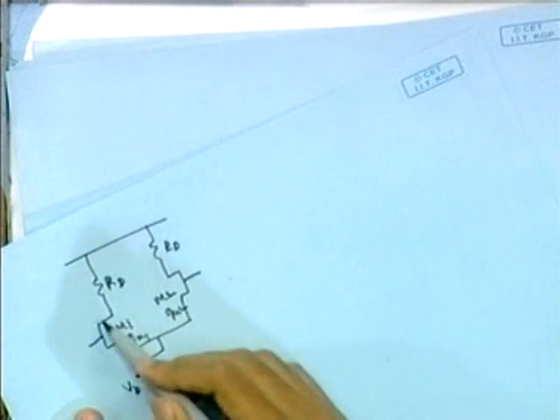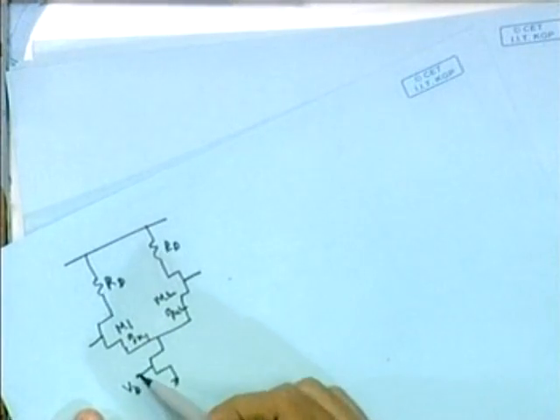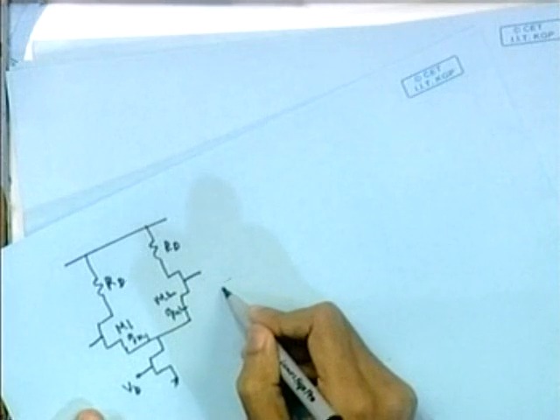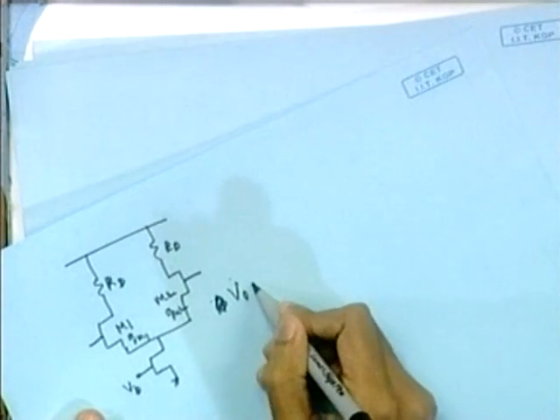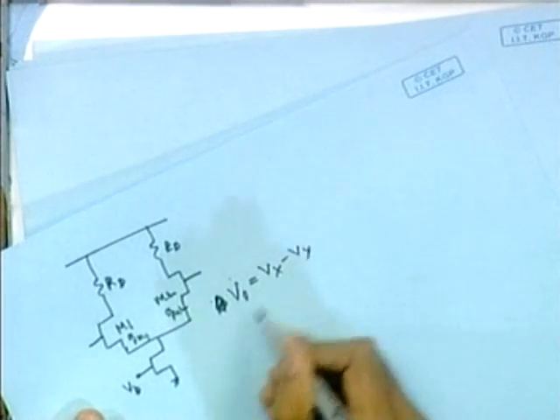If you draw the small signal equivalent of this circuit and do some analysis, you will be getting output. This output is the net output, Vx minus Vy.